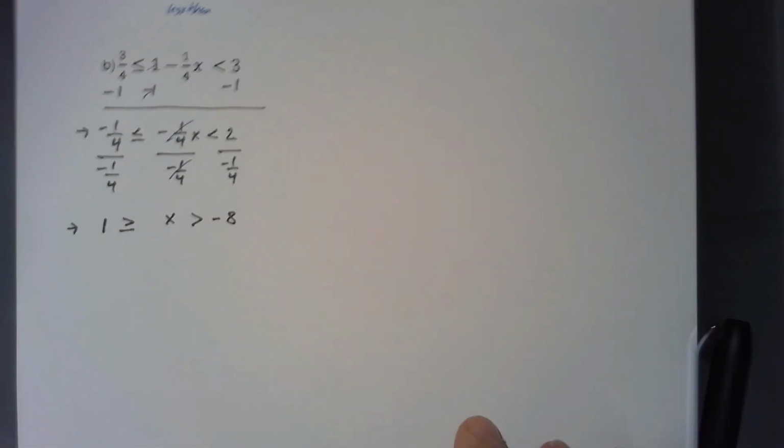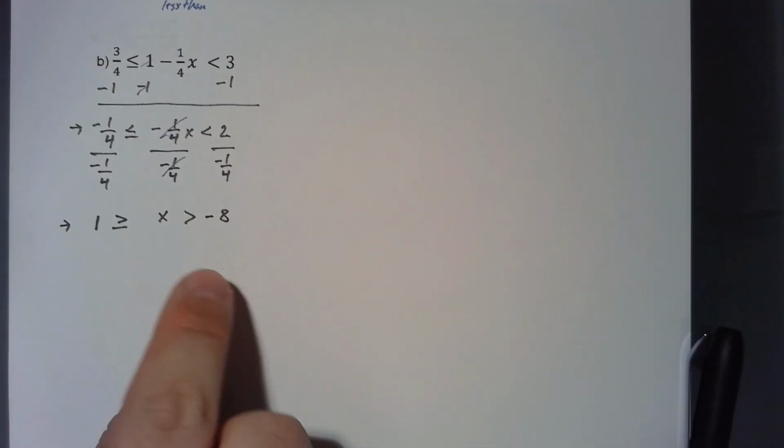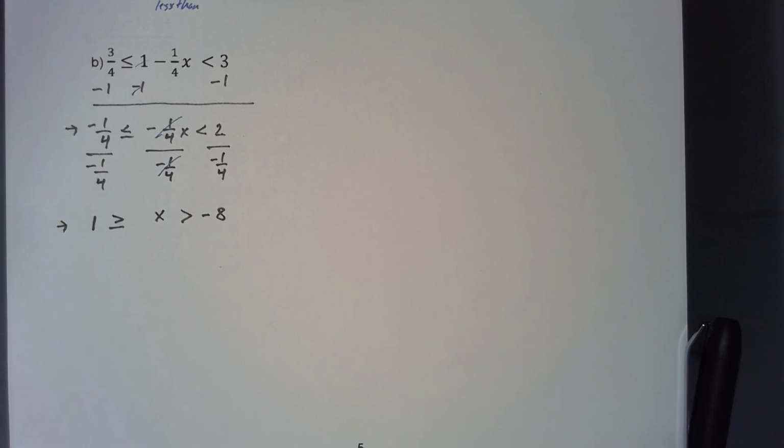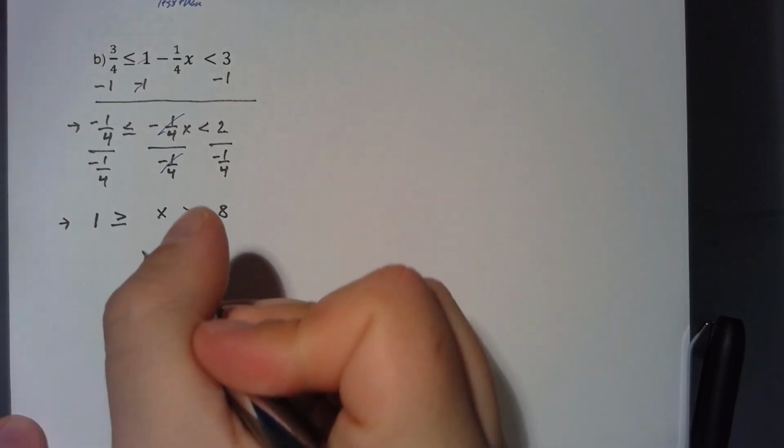Right? Now, this is correct, but whenever I write an inequality, I always write it from least to greatest value. Always. So the way it's written now is not in least to greatest value. So I want to reverse this.